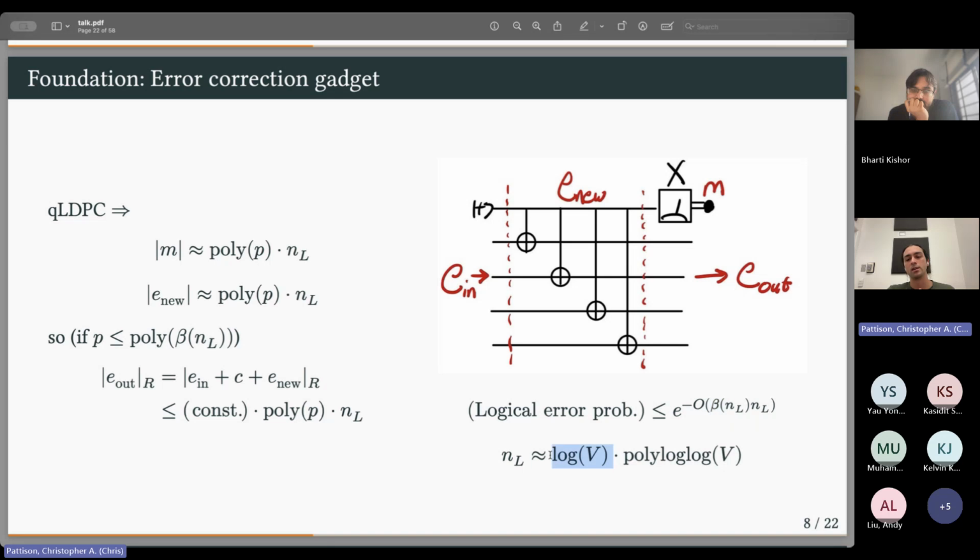But let's not worry about that. You should focus on the log, because we're going to have these polylog factors appear all over the place.